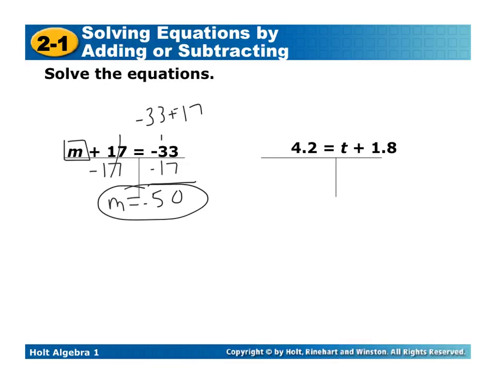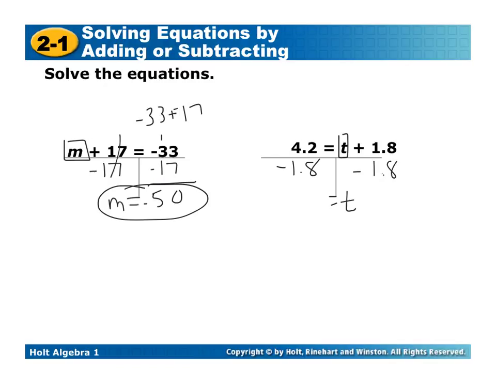Alright, so why don't you pause the video and try this next one on your own. Alright, so here we have t on the right side of the equation. 1 8/10 is being added, so I'm going to subtract 1 8/10 from the right side. But if I subtract 1 8/10 from the right side, I have to subtract it from the left. And now we're going to do our problem.